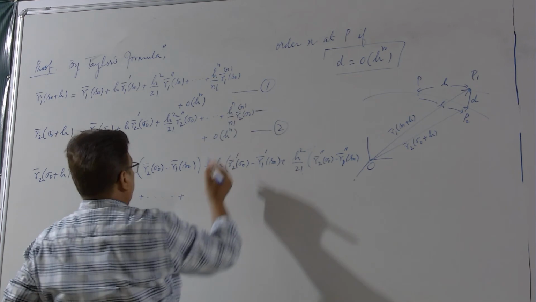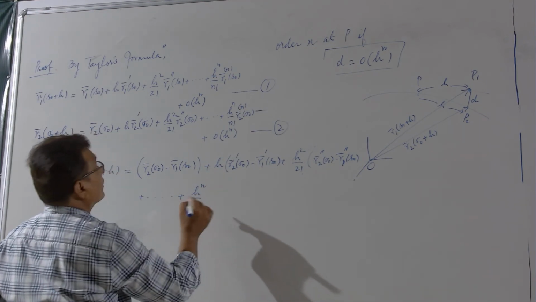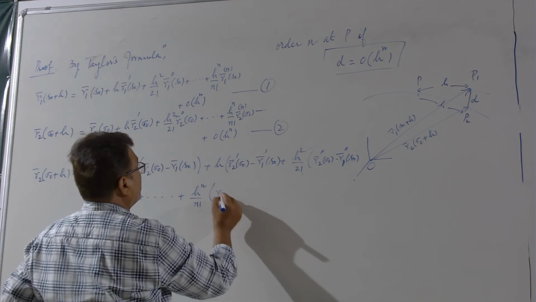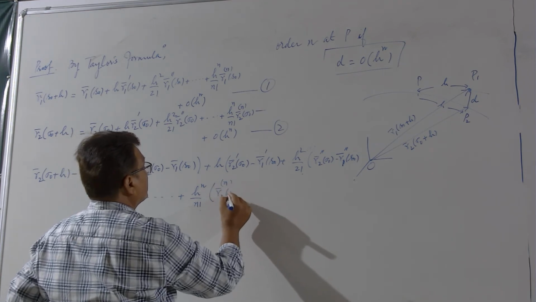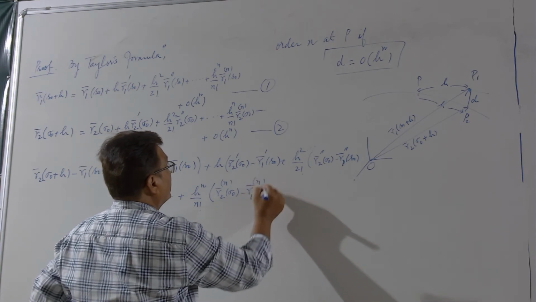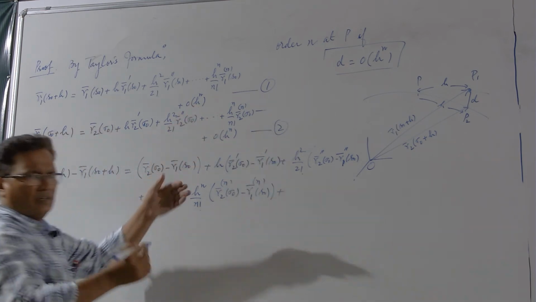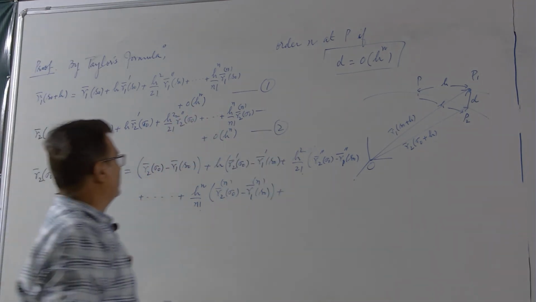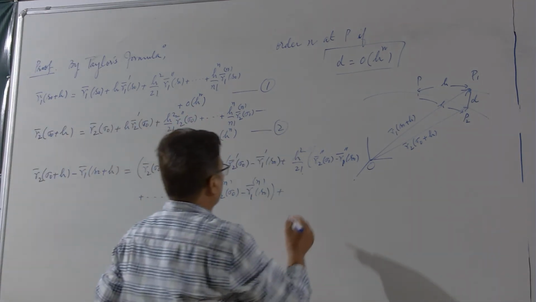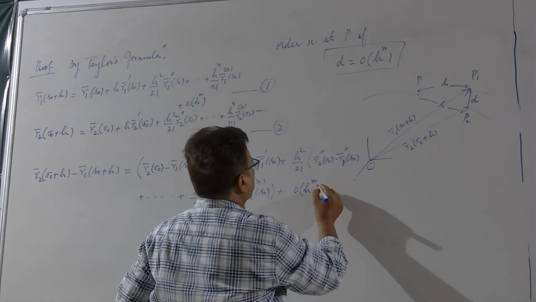We can come up to here. So h to the power n upon n factorial, common, R2 nth derivative at σ0 minus R1 nth derivative at S0, plus the difference in the remainder term, but they will be terms of the order of h to the power n.